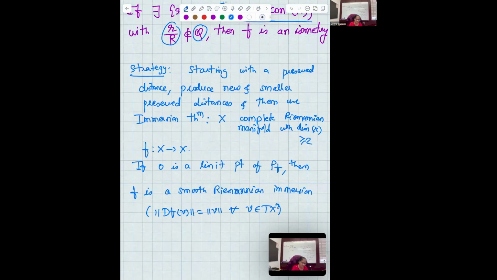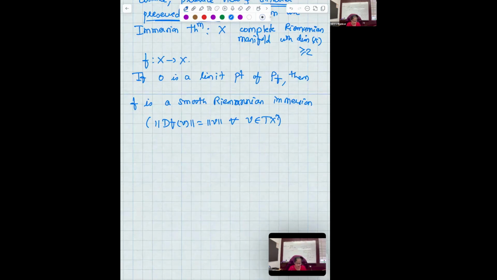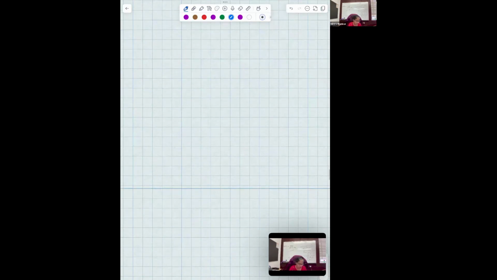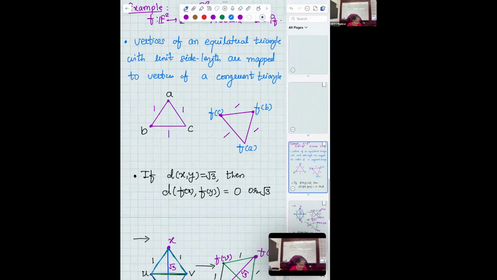Now, in the last maybe 10 minutes, I'm just going to demonstrate how to produce new and smaller preserved distances. And the example that I'm going to do is just the Beckman-Quarles theorem.